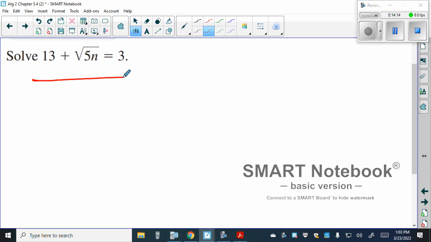Exactly, we can minus 13 from both sides. Apparently I'm going to write in a highlighter. And if I subtract 13 from both sides, 13 minus 13 is going to give us 0, just leaving the square root of 5n is equal to -10.